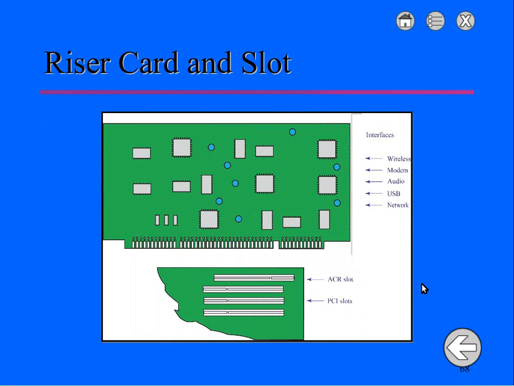For example, the ACR slot, Advanced Communication Riser, was a multi-purpose card that was sort of an extension of the motherboard, and it provided multiple things like USB, network card, maybe audio, modem, wireless, all in one card. So it was a special kind of slot, but you didn't see it too often. It's not real popular.